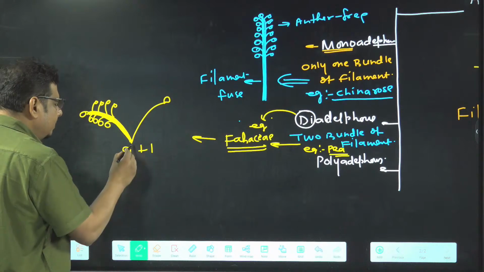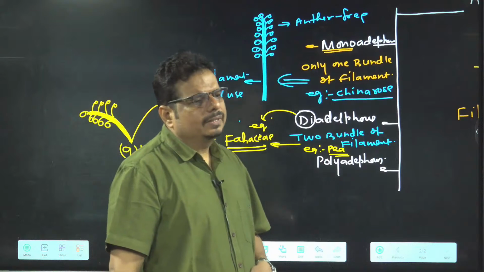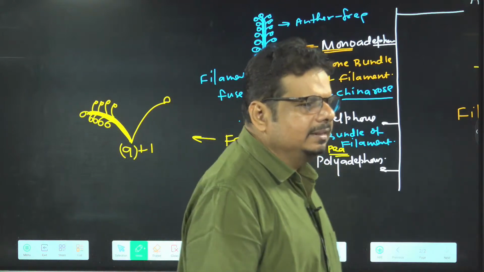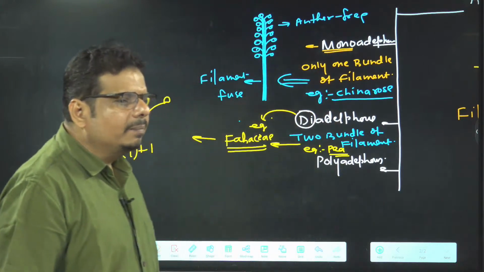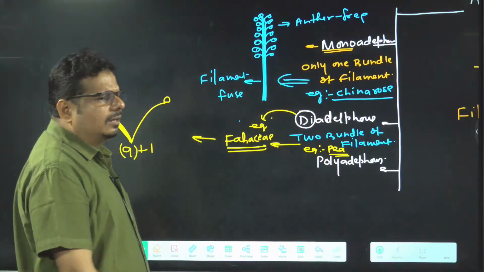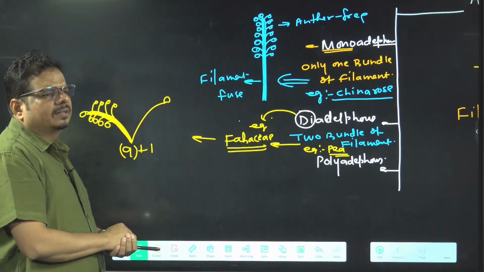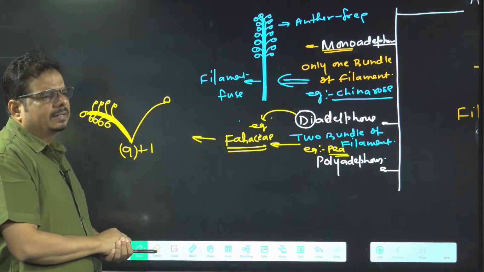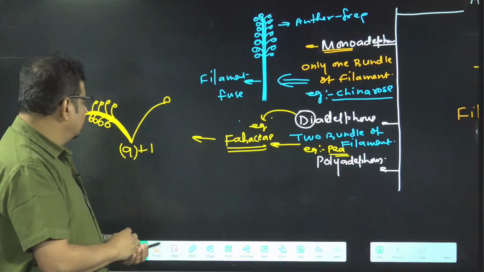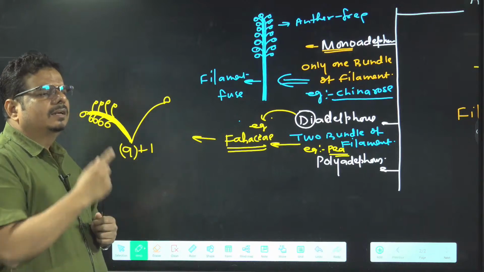And because 9 are fused, this is the characteristic feature of which one? Members of family Fabaceae. Is it clear or not? It is 9 plus 1 arrangement, and 9 under the bracket because 9 are fused. So how many bundles are formed by the filaments? 2 bundles are formed by the filaments; in one bundle 9 are there and they are fused, in another bundle only 1 is there.